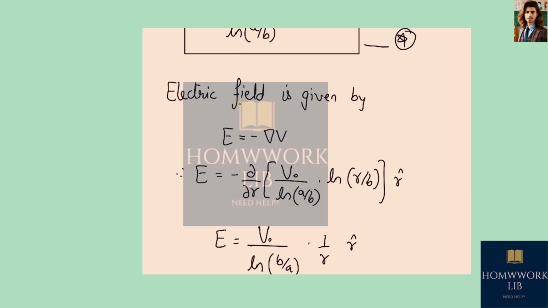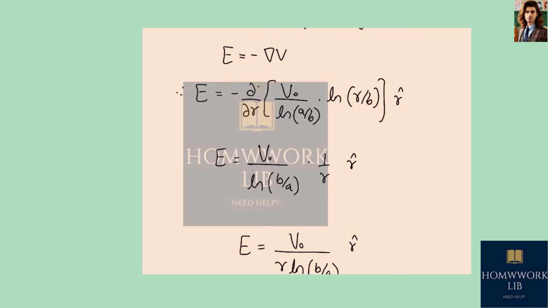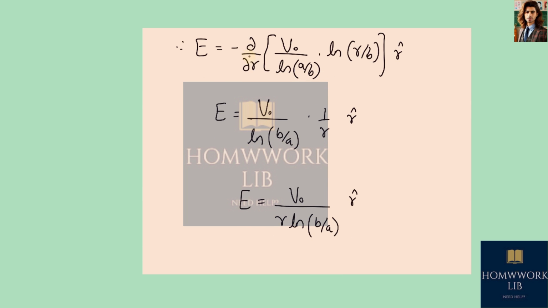Now in the second part we have to find the electric field. As we are interested in the radial component, because the cable is very long, the z component will be 0. So the electric field will be minus grad V. The gradient is del by del r of this V. If I differentiate this, the minus sign I am absorbing over here, so this becomes V naught by ln of a by b, and ln of r by b will give me 1 upon r.